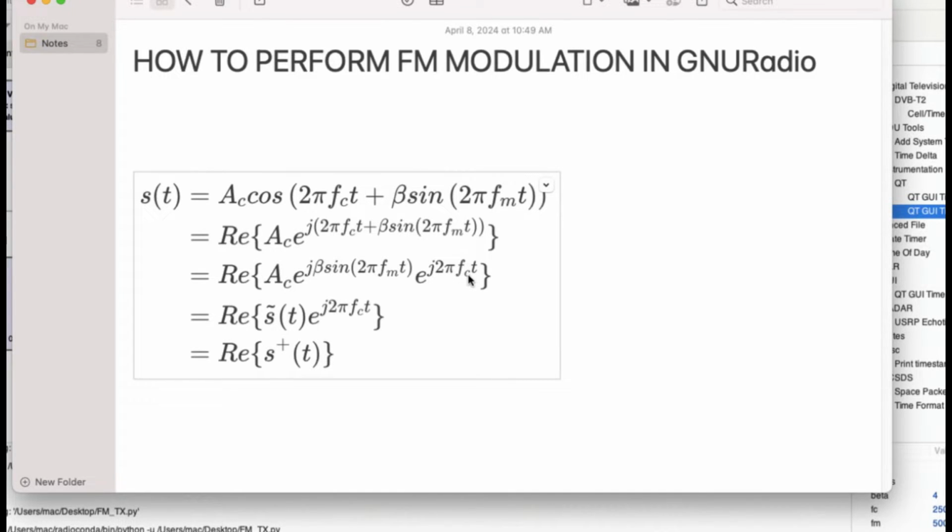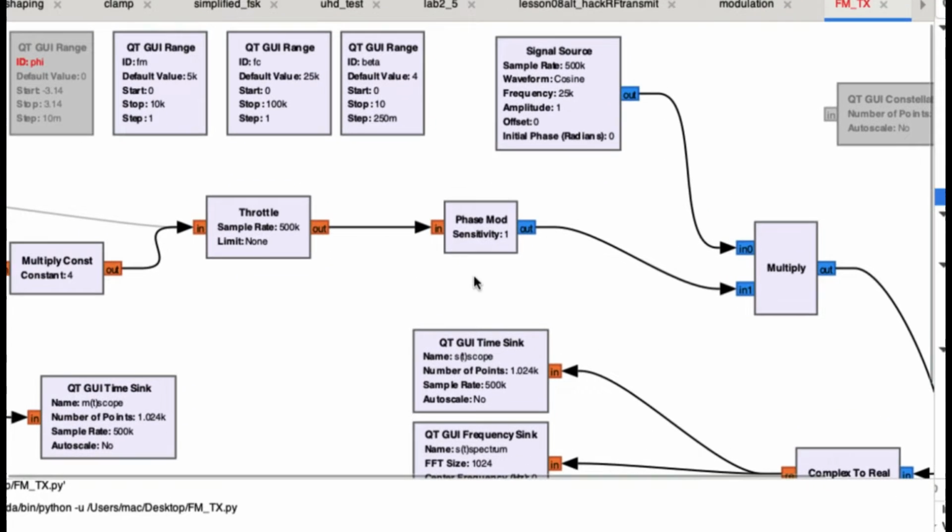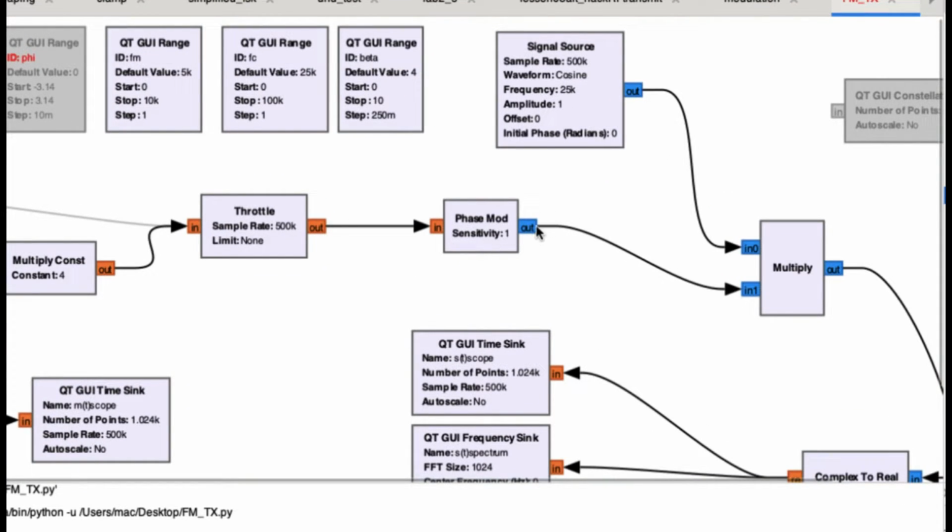This is 2 pi FC t, which is also going to be a complex frequency. One thing you need to remember: this phase mod output block cannot change. You cannot just change the color code of this. Input is a real number, the output is complex, which means I have to multiply it by a complex carrier signal. That's why I've chosen this to be 500K.